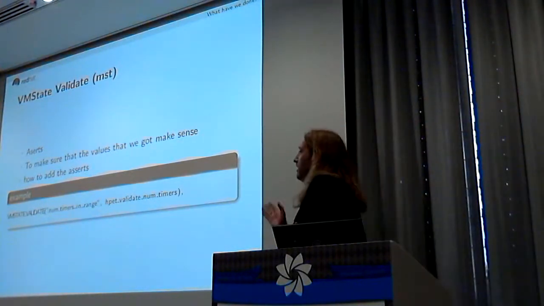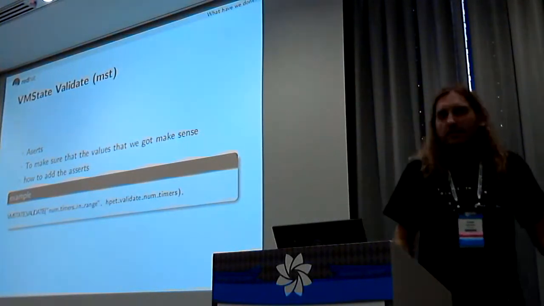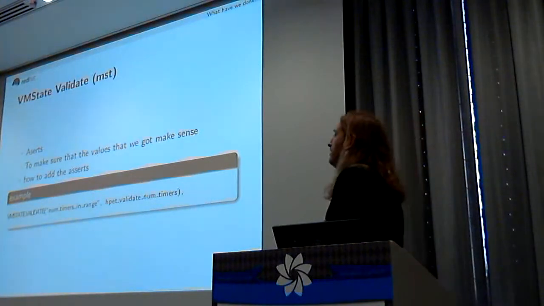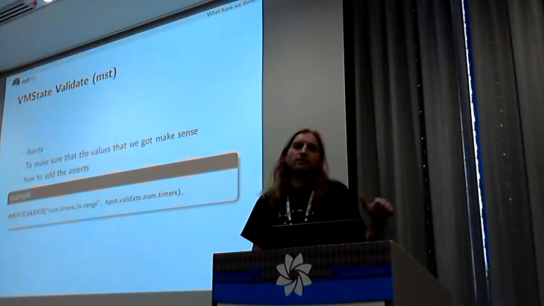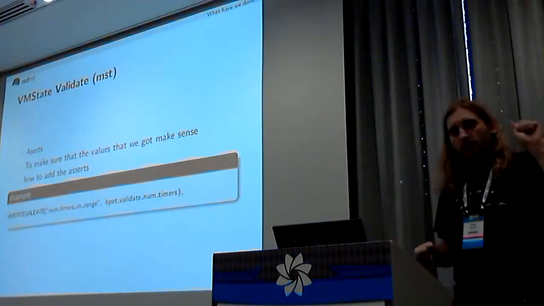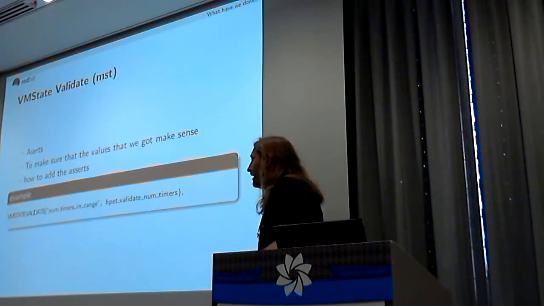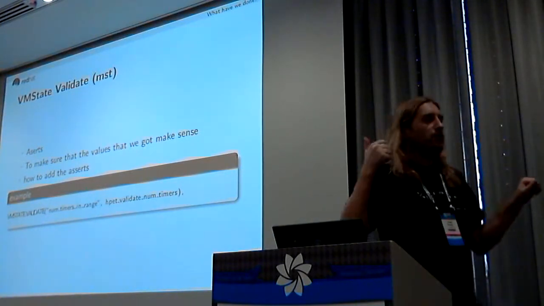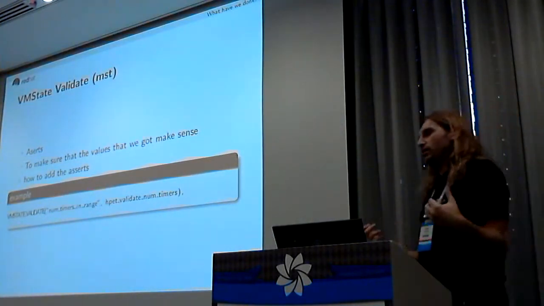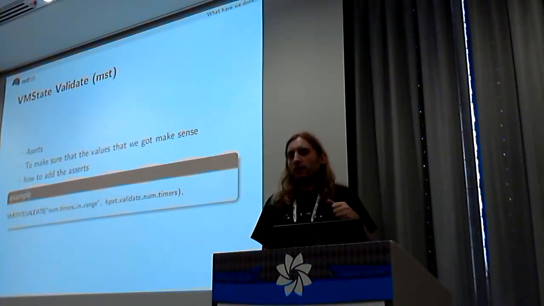While Michael Tsirkin was doing efficiency and CVS, he added one thing, VMState validate. This is the equivalent of an assert. You can call it while you are reading or writing data: you get this value, you call this function, and with it you check if the value is valid. Why does it matter?